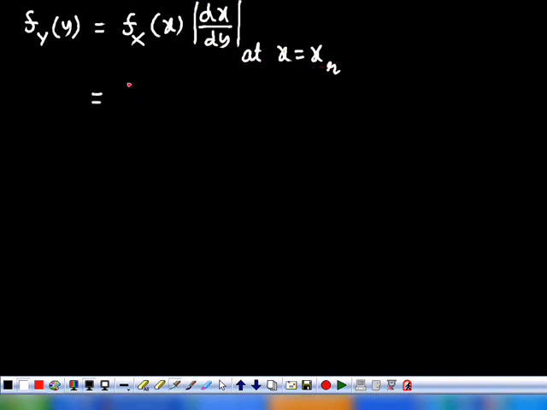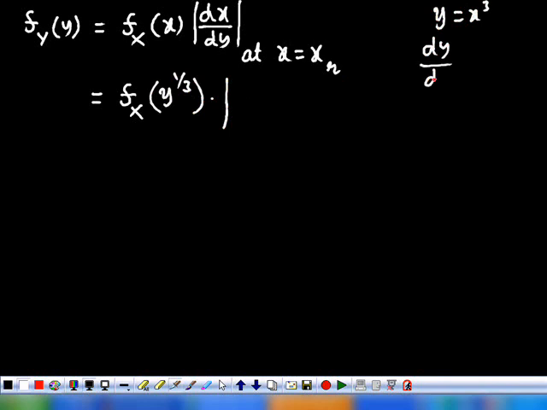Therefore, fX of xr, what is xr? Y power 1 by 3 into modulus of dx by dy. We already know that y is equivalent to x cube, so dy by dx is 3x square.